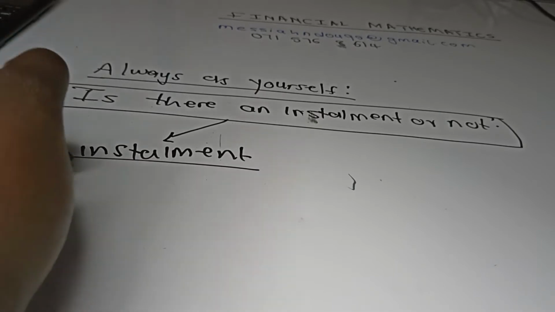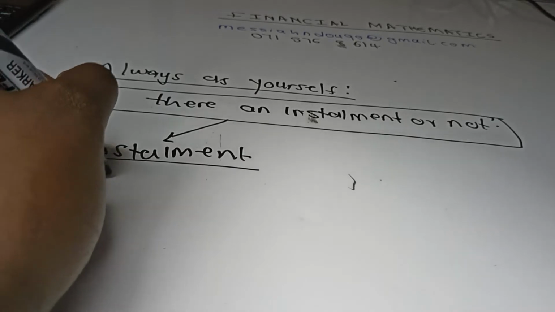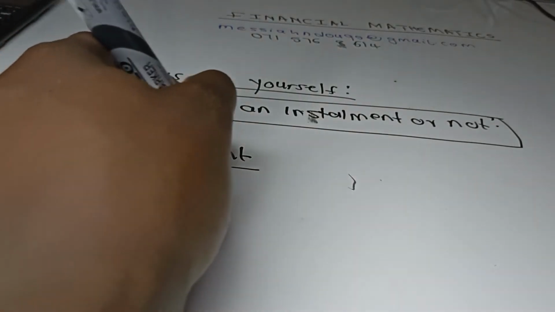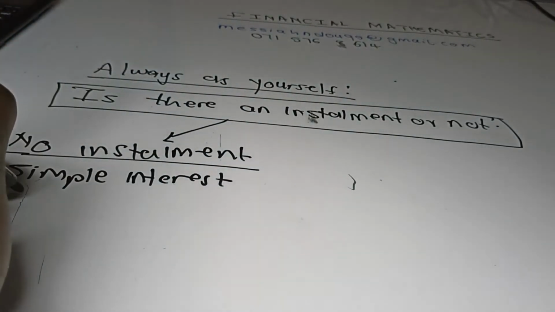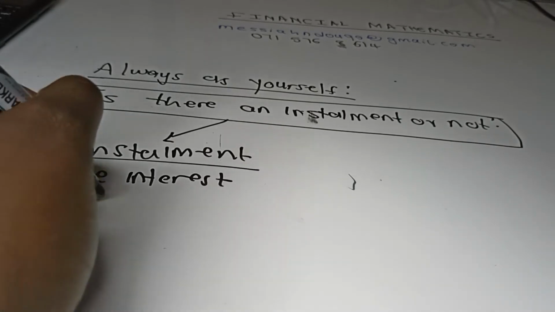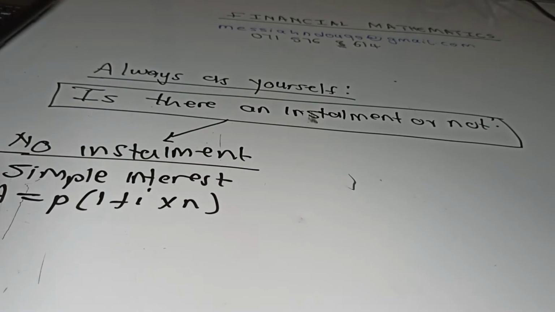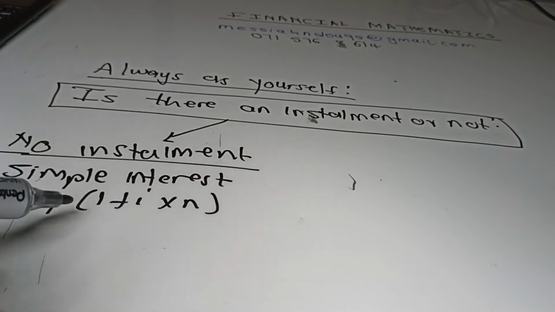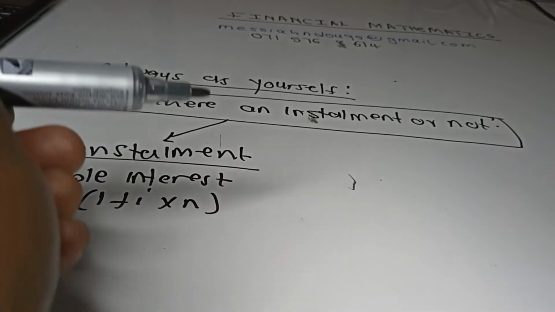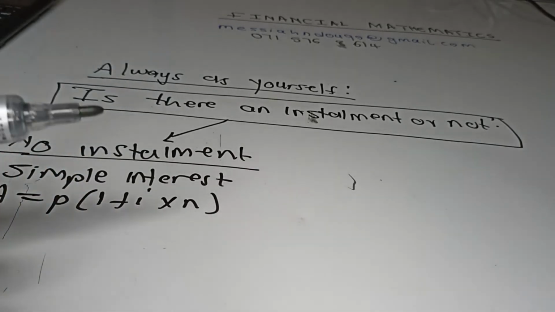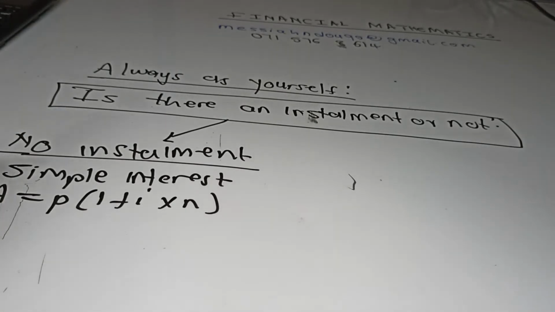The first one is the simple interest formula: A equals P into 1 plus I multiplied by N. Remember, A represents the final amount, P represents the principal amount, I the interest rate, and N the number of times interest is calculated.